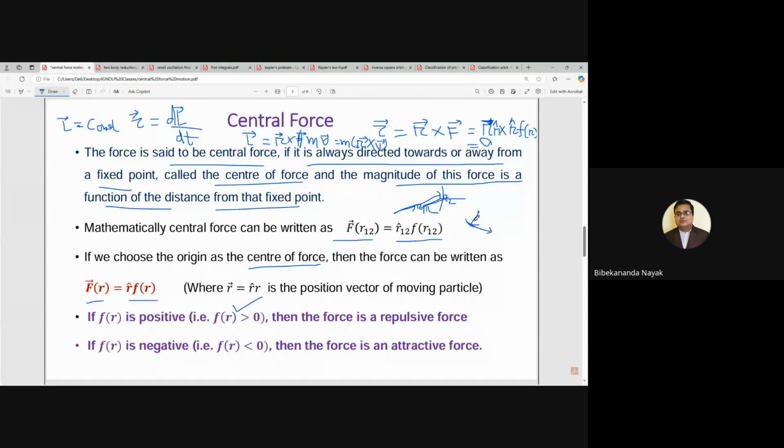So r cross v, the cross product obviously, will be directed upward. If you take the opposite direction, it is up or down. So r cross v is a constant vector. So what does it mean?